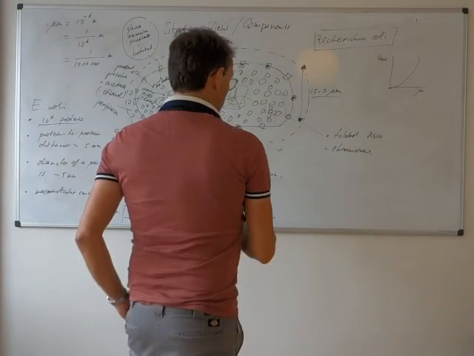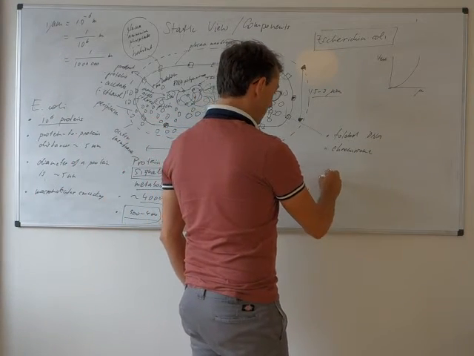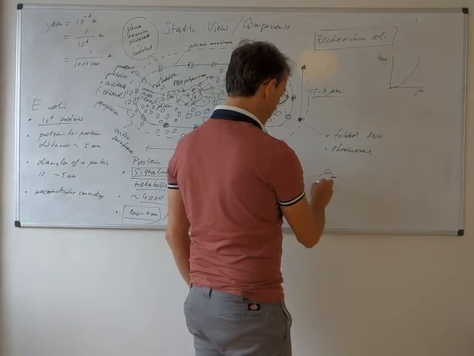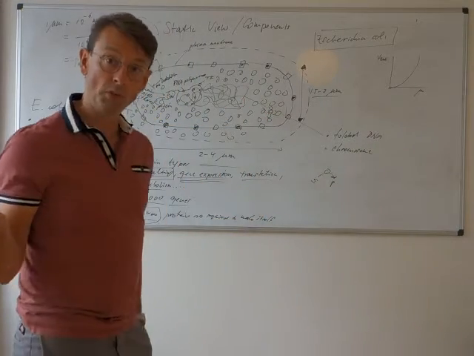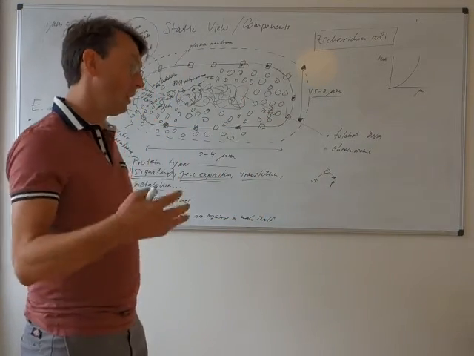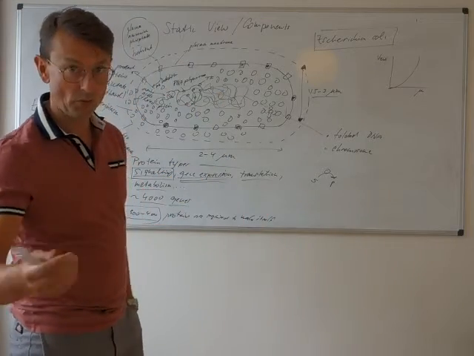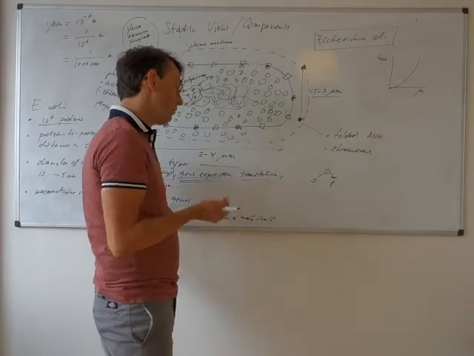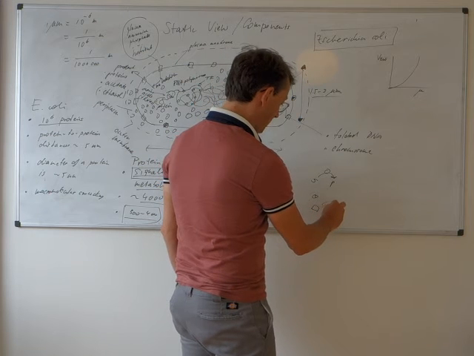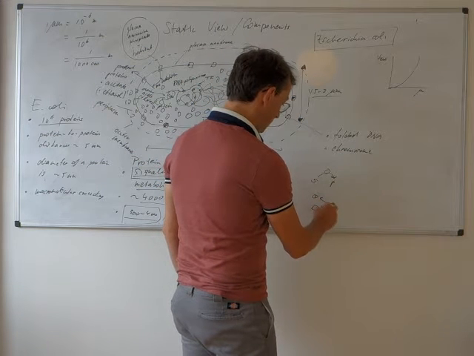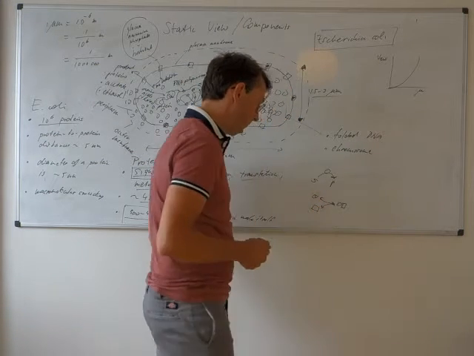Now all these proteins, of course, catalyze reactions. There's a substrate and a product. This substrate or product could also be the protein itself, because some proteins phosphorylate or dephosphorylate other proteins. They can modify proteins. What can also happen is that two proteins form a complex with each other.